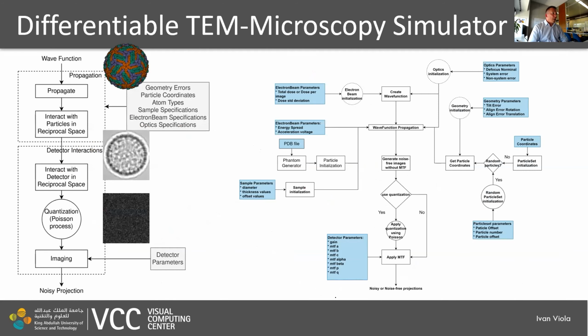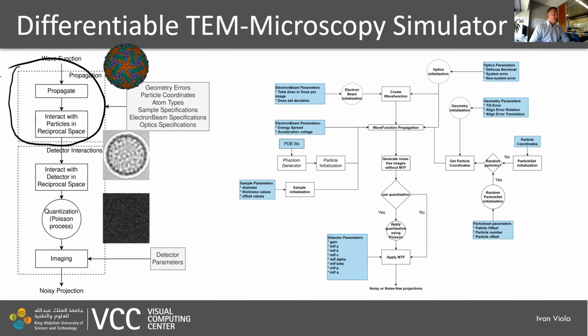So here on the left-hand side, you can see that our transmission electron microscopy simulator consists of a part which is dealing with the wave propagation. It involves the coils, the magnifying lenses, which act as a Fourier transform, and the Fourier transform is, for example, differentiable.